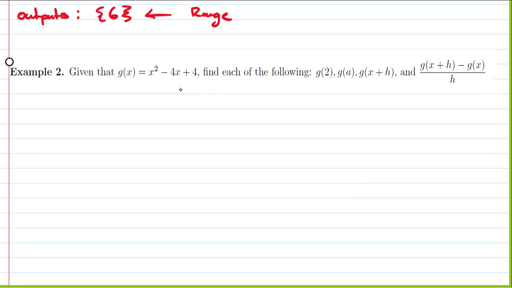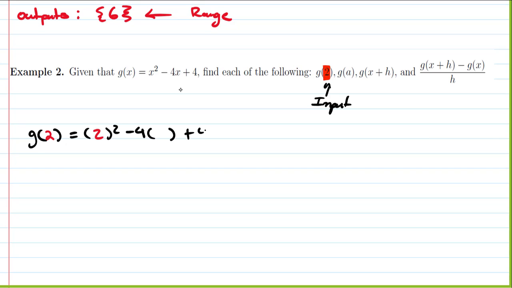Given that g of x is equal to x squared minus 4x plus 4, find each of the following. So when we have function notation, remember g of 2, what's in our parentheses? That is our input. So when we say g of 2, we are going to be replacing all of our x's with the value of 2. So that is going to be 2 squared minus 4 times 2 plus 4.